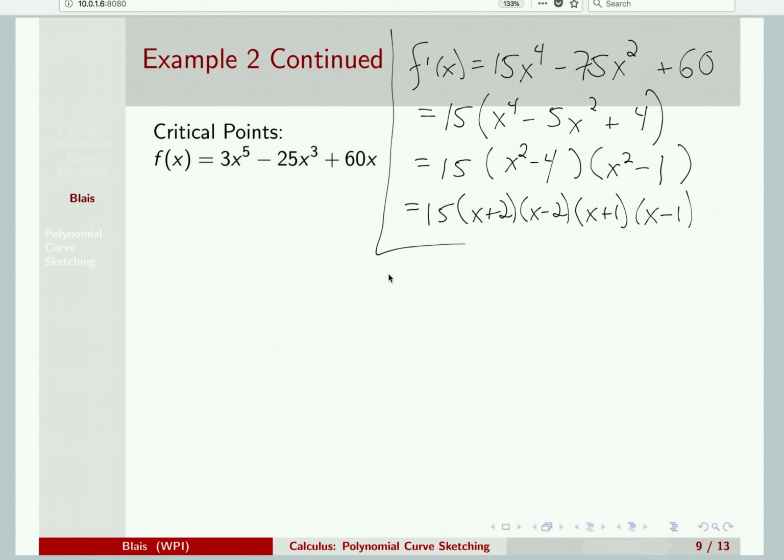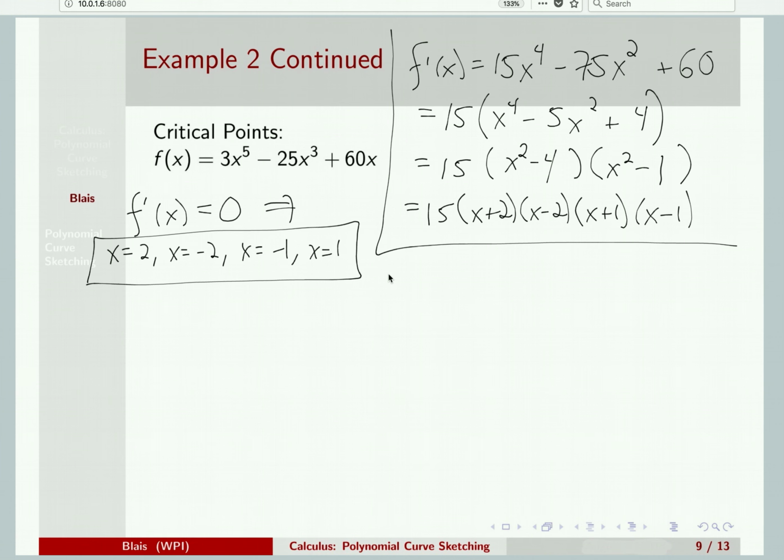And so that's our nice factored form of f prime of x. Setting f prime of x to 0 gives us solutions, and we can read them off right here. We have x equals 2, x equals minus 2, x equals minus 1, and x equals 1. So those are the x values for the 4 critical points of this function.